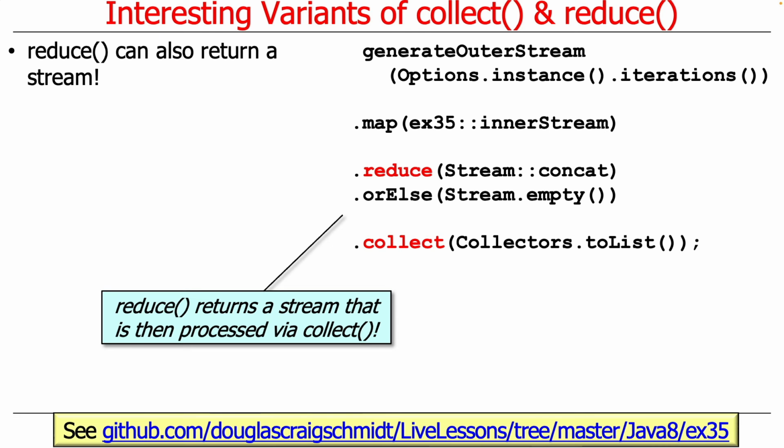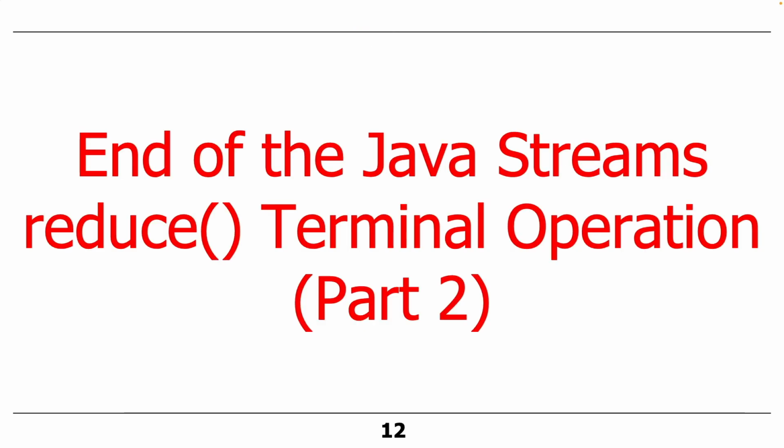The reduce operation, when given stream concat as a parameter, will return a stream, which is the concatenated stream, and therefore we can have a terminal operation that returns a stream, and then use another terminal operation after it to do something to that stream. That's a little bit esoteric, but it's kind of fun to know. So it's not always the case that every terminal operation yields a non-stream result.